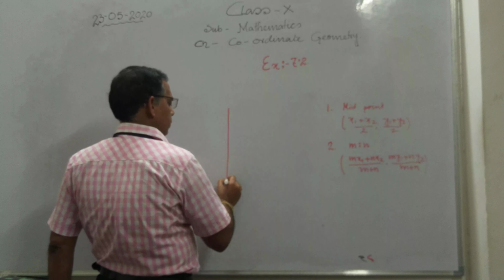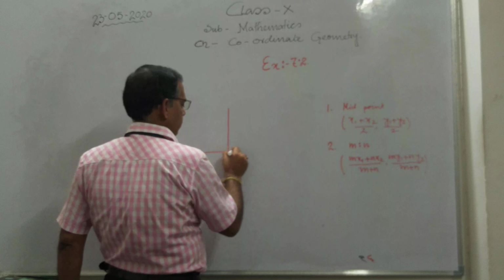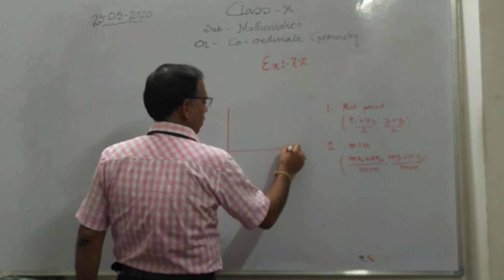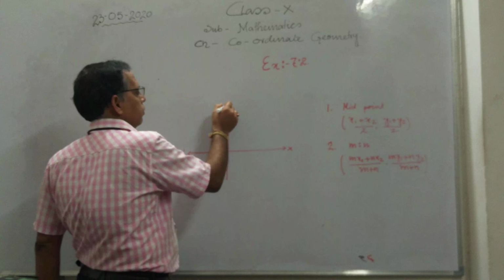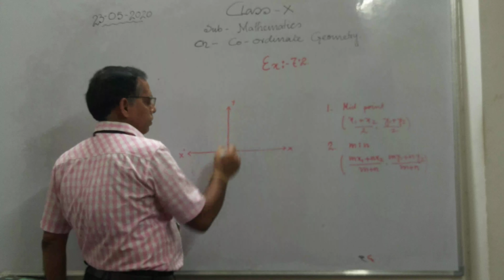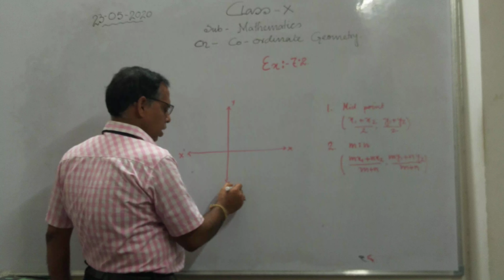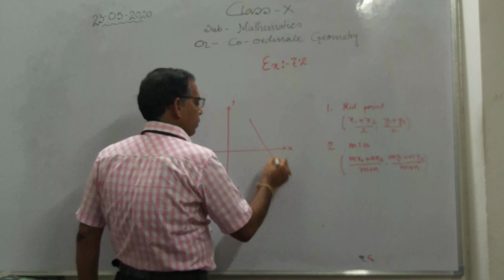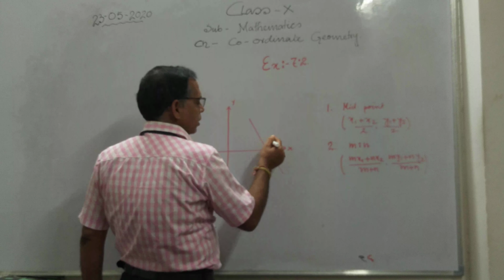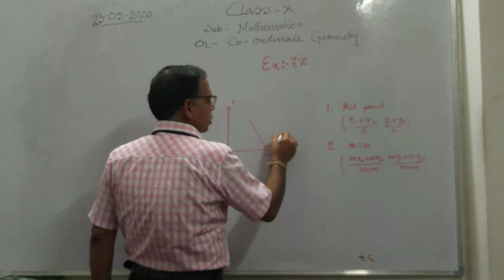Suppose x dash, y dash. Suppose the line is divided by the x-axis, then it is x, 0.